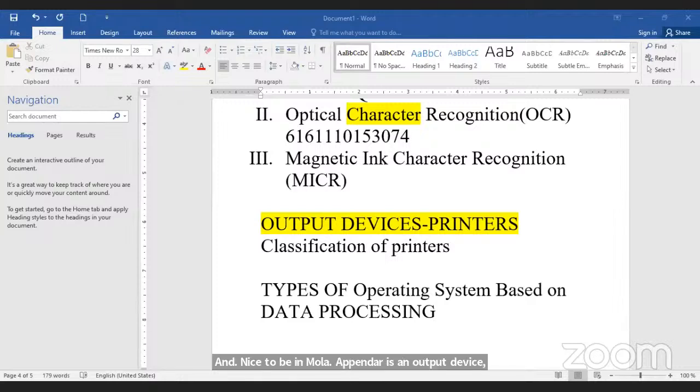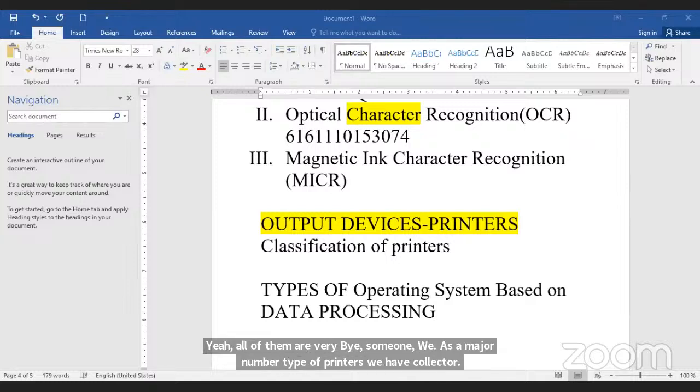Benson says it converts input device, output device. Yeah, all of them are very valid. Someone has mentioned types of printers. We have character printers, line printers, page printers.